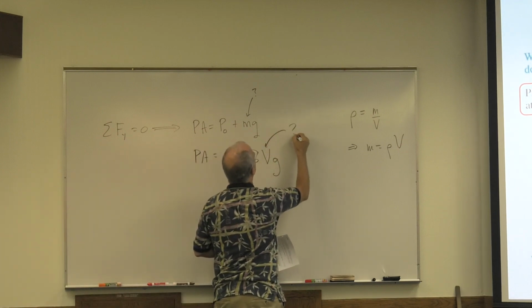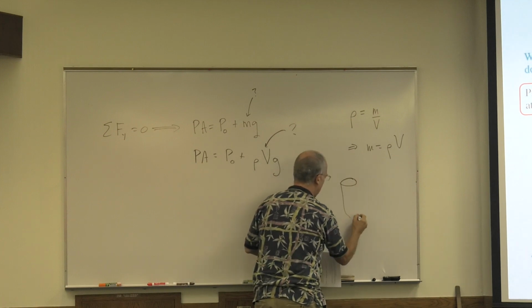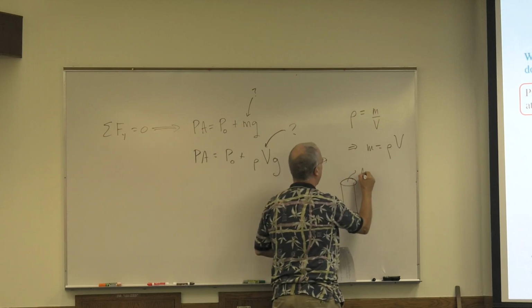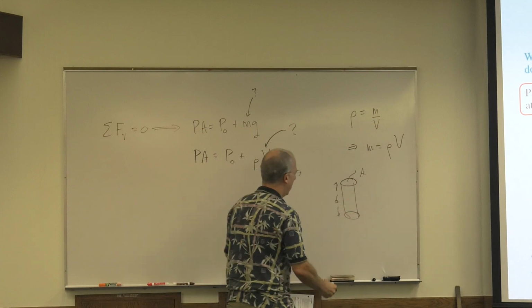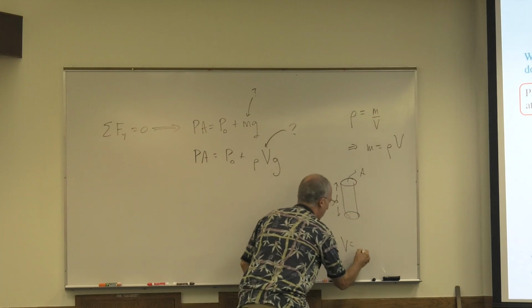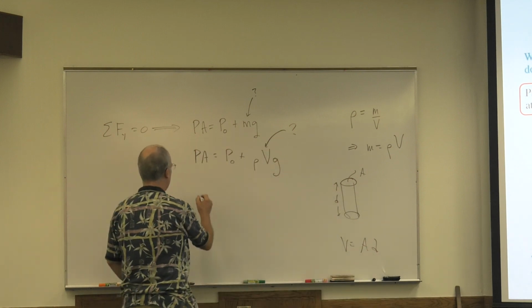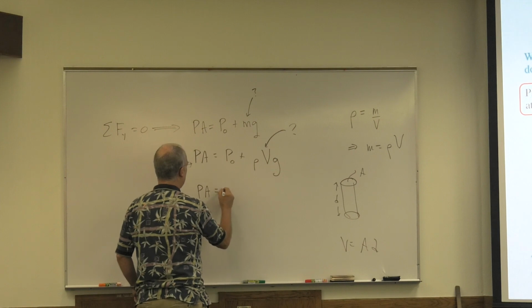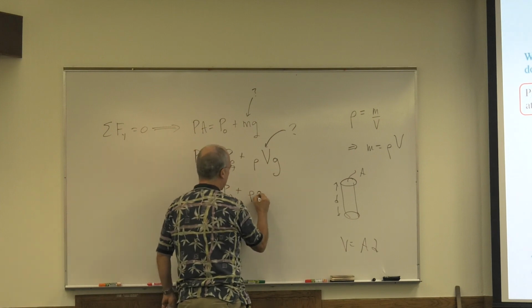It's a cylinder, right? Cross-sectional area A, length D. So the volume is just cross-sectional area A times D. Great! So I'm going to say PA equals P0 plus rho GAD.